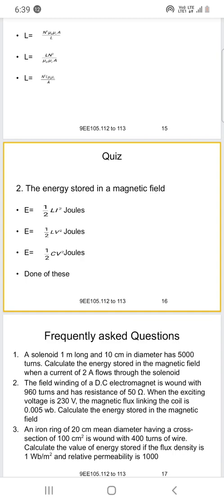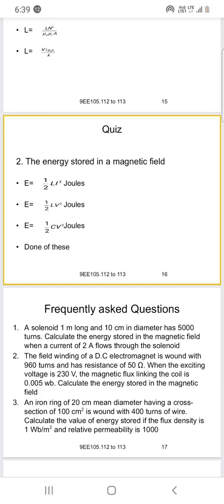Next, second question. The energy stored in a magnetic field is equal to E equal to half Li square joules. So here the first option is the correct answer. The second option, E equal to half Lv square, is not the correct answer.